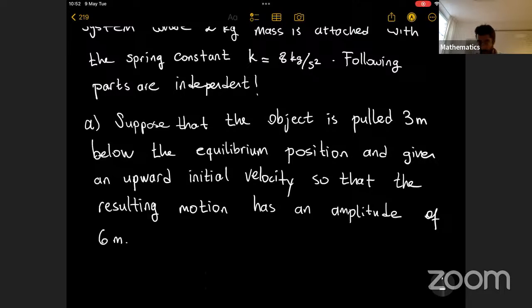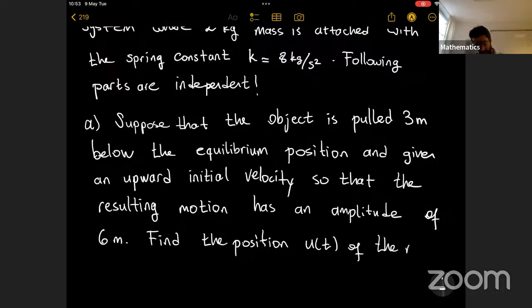Find the position u(t) of the mass. So basically we pull down the mass and then it moves up and down with an amplitude of 6 meters, and we will find the position function u(t).